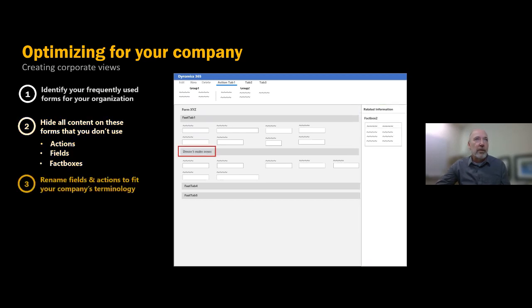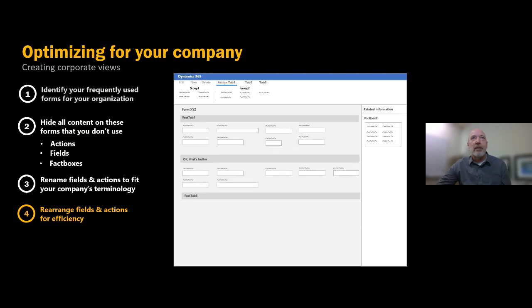Then also think about renaming fields or actions. If you have something that we have labeled in a way that doesn't make sense, consider renaming it. If it's a field, you can do a customization to rename it for everyone. But if it's a fast tab or an action, consider renaming it on that form. That's the terminology you're going to use for your organization. Also, rearrange fields and actions for efficiency.